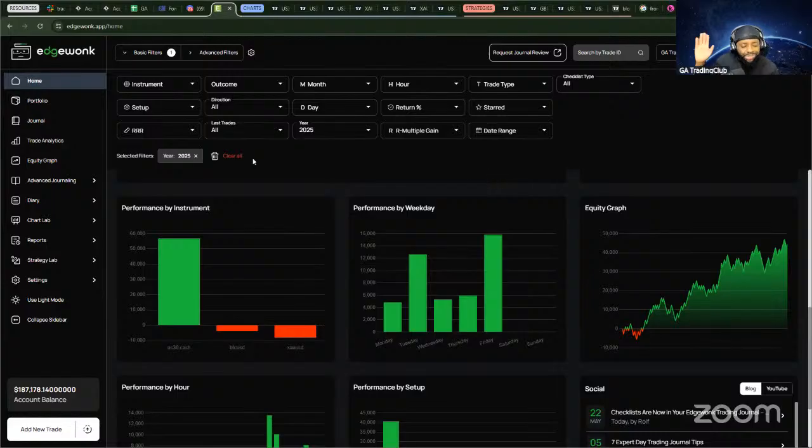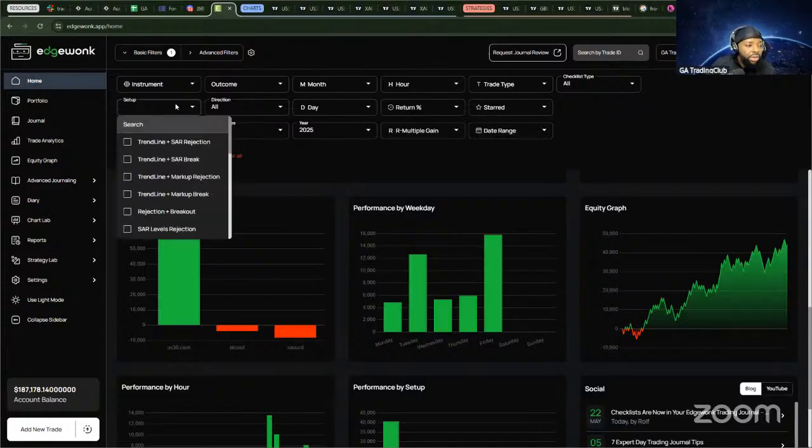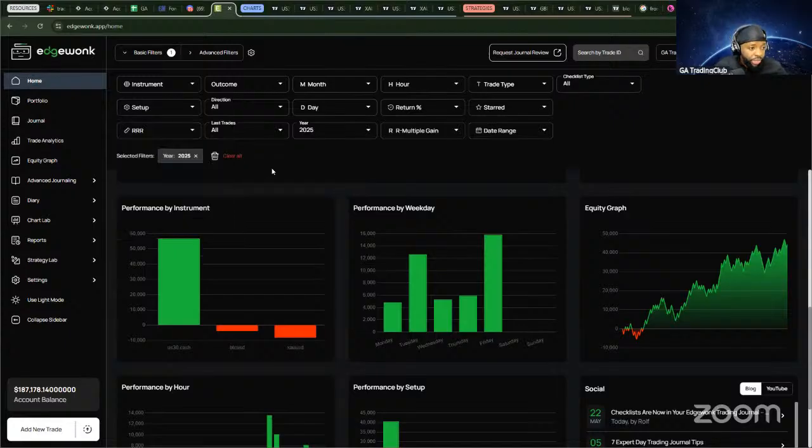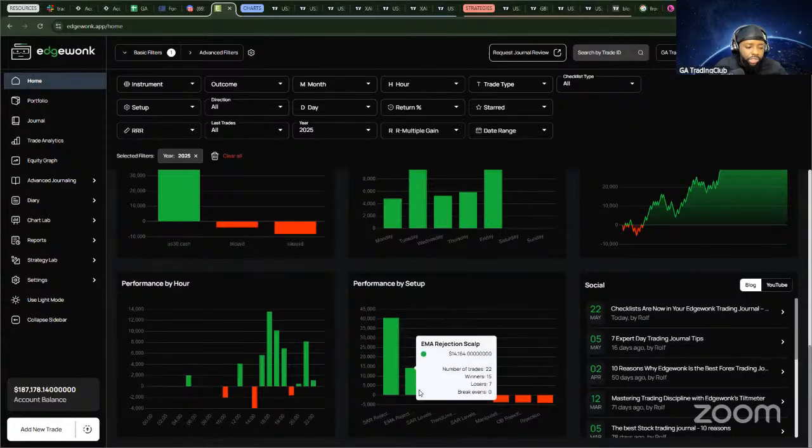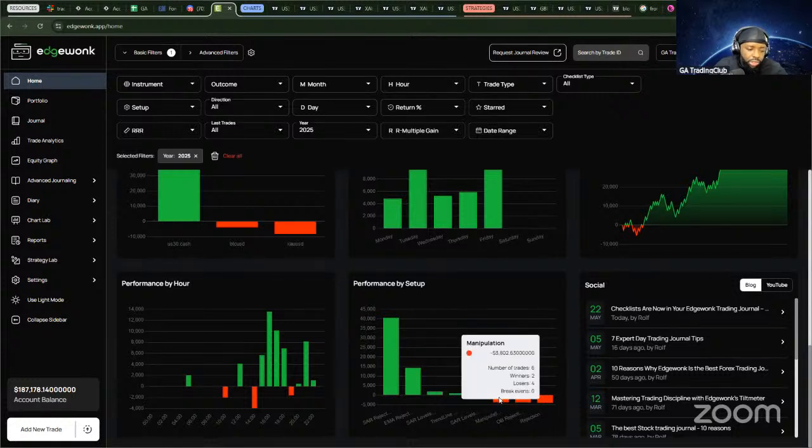So I was trading a bunch of strategies on this account. That's why nowadays I just want to focus on the EMA and SAR and pre-market high and low rejection scalp. So for this year, you can see I was trading SAR rejection scalp, EMA rejection scalp, SAR levels break, trend line plus SAR rejection, SAR levels rejection, manipulation, order block rejection scalp, and rejection plus breakout.